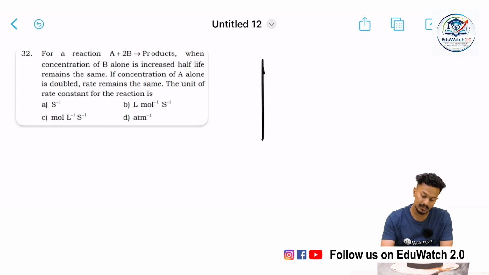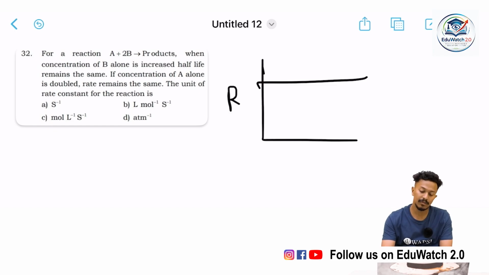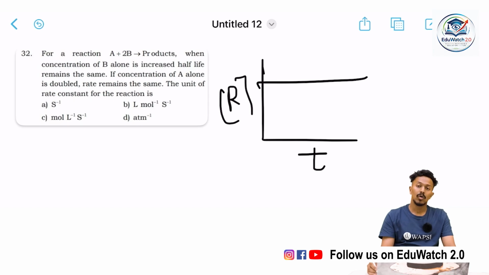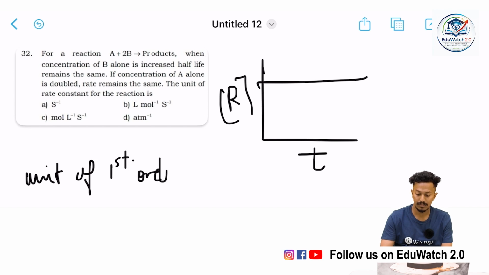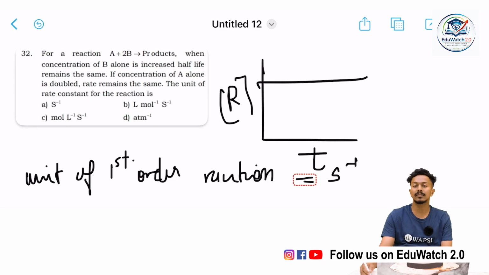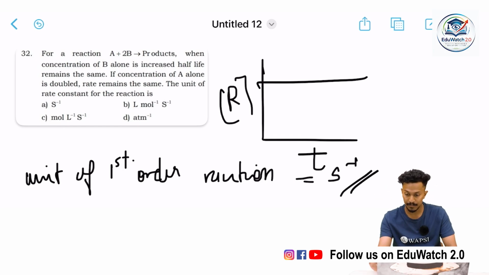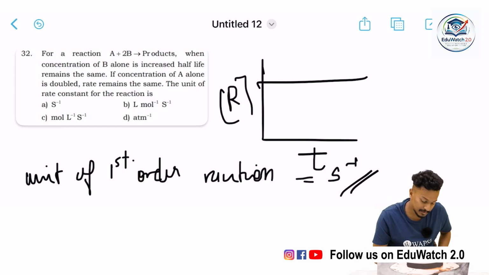The unit of the rate constant for a first order reaction is second inverse. We have discussed earlier how to find the units of reactions. We'll move on to our next question.